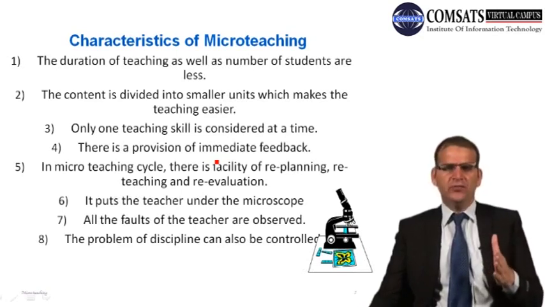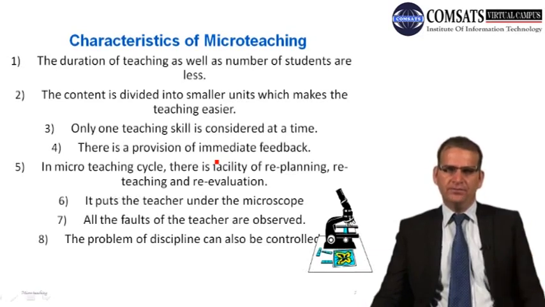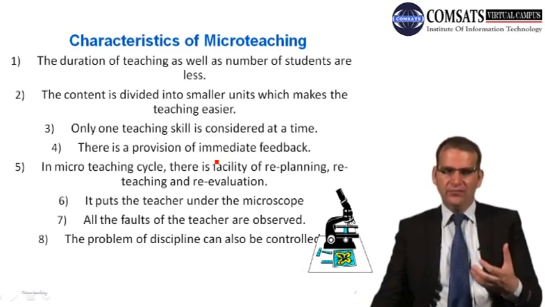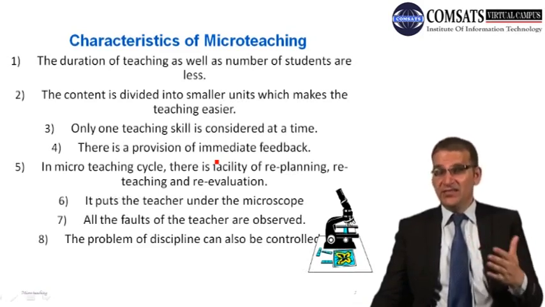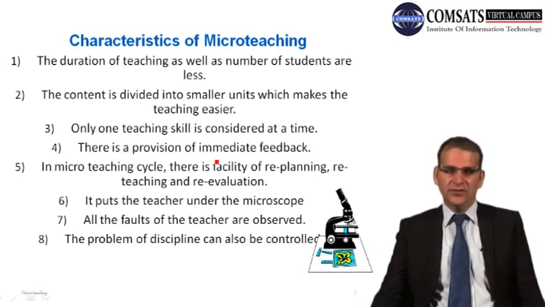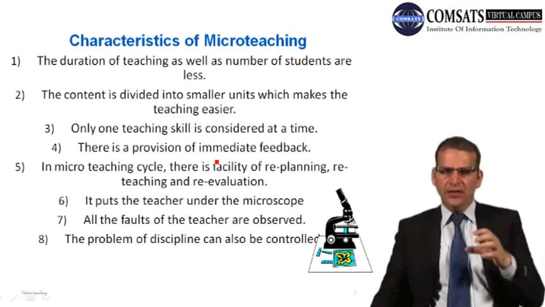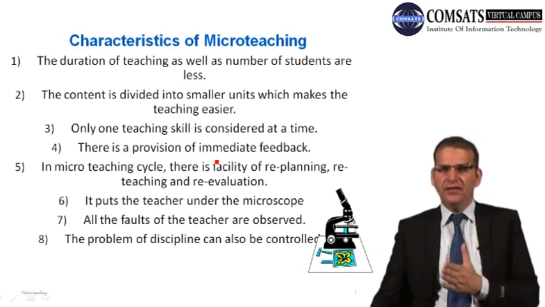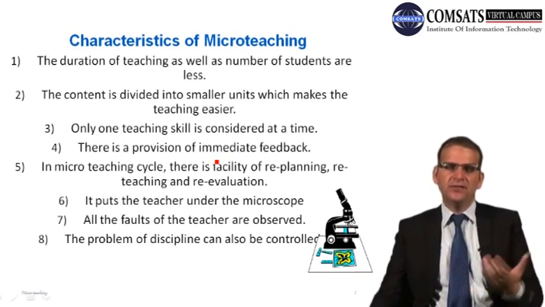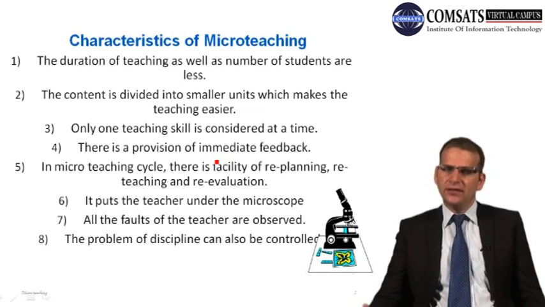If you compare it with a large number of students, where you are integrating skills, things cannot be maintained, discipline cannot be observed. However, if you have a small number of students, and you are teaching one skill or a sub skill for 10 minutes, chances are you can have discipline.